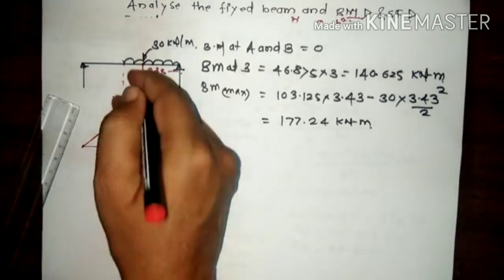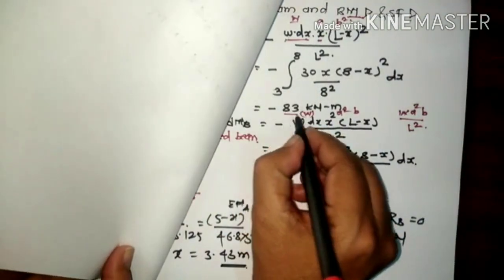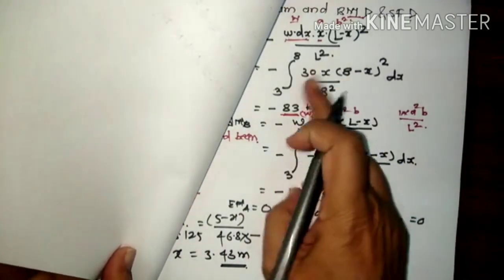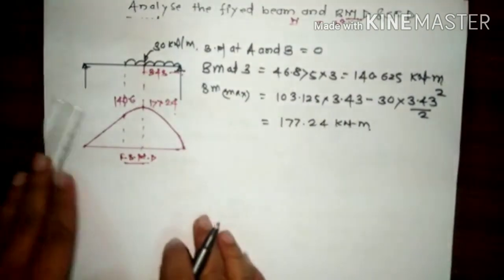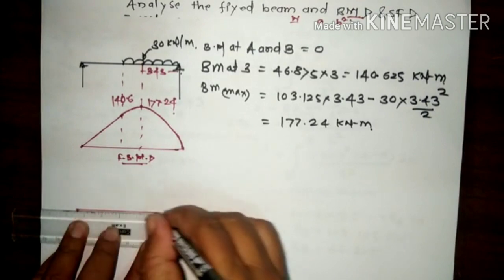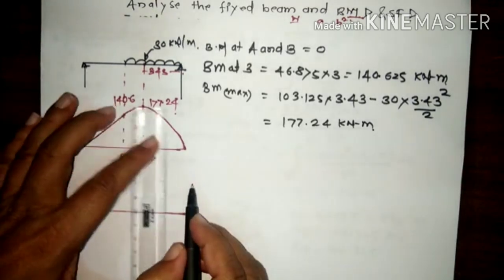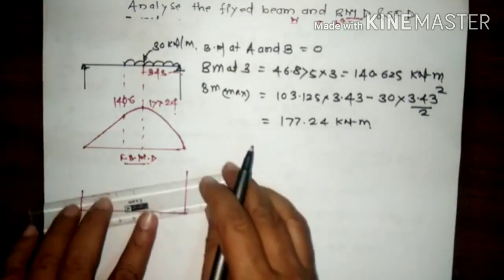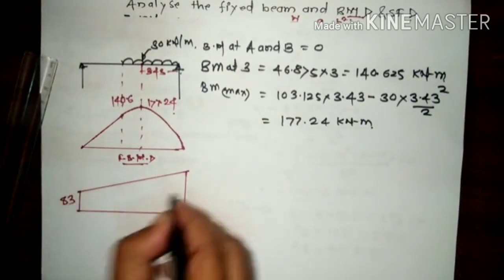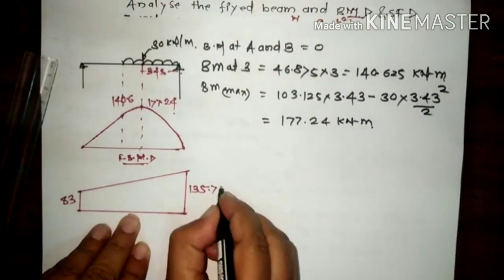Here we have to superimpose the fixed BMD. We know at A it is 83 and at B it is 135.74. Both are of hogging nature. So we superimpose this hogging, or we can draw a separate diagram. Suppose this is A, this is 83, and this is 135.74.